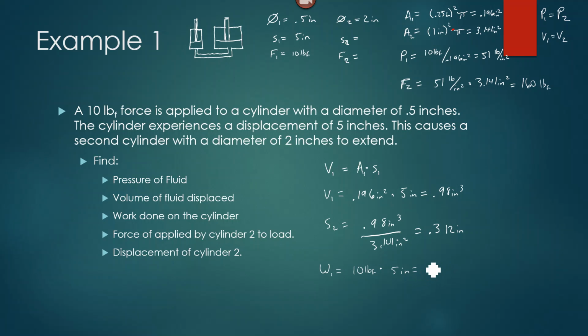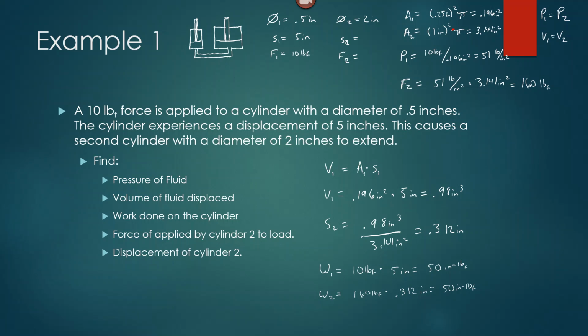It's going to give us a work of 50 inch-pounds. If we look at work 2, or the work out, it's actually 160.22, but I'm just going to go ahead and use 160 pounds force times a displacement of 0.312 inches equals, again, 50 inch-pounds.